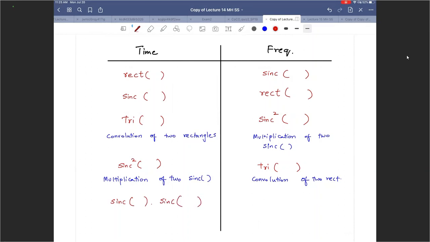What would I get in the frequency domain? What shape? A trapezoid is absolutely right. And vice versa, right? If you had a trapezoid here, you would have a sinc times sinc here.